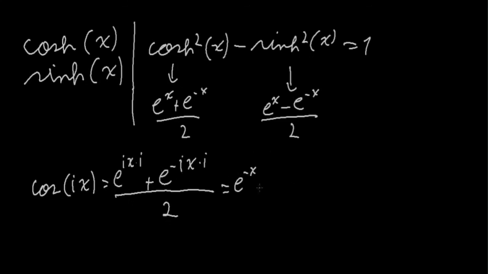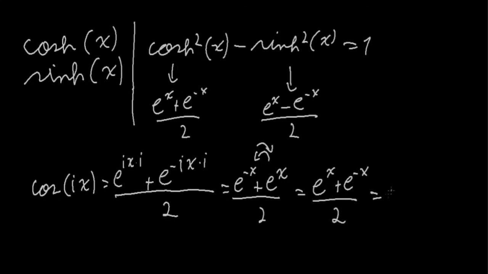And negative i times i is just 1, so e to the negative x plus e to the x over 2. And you can just swap these since it's the sum, right? And we'll get e to the x plus e to the negative x over 2, which is the hyperbolic cosine of x. So we came to this nice little equality using these formulas as a bridge between them.